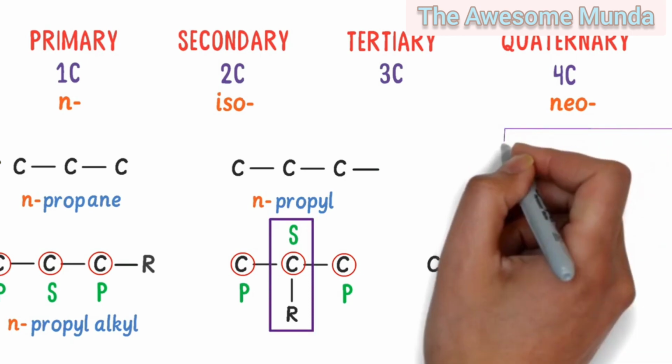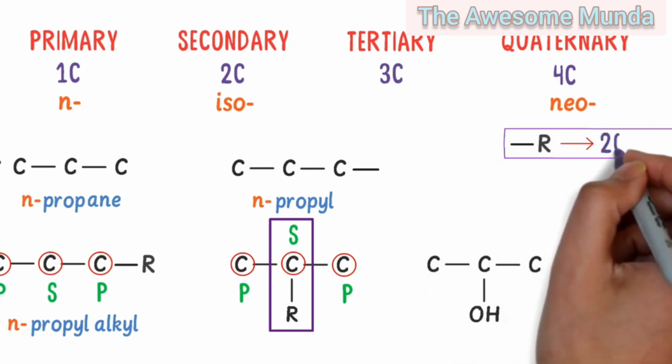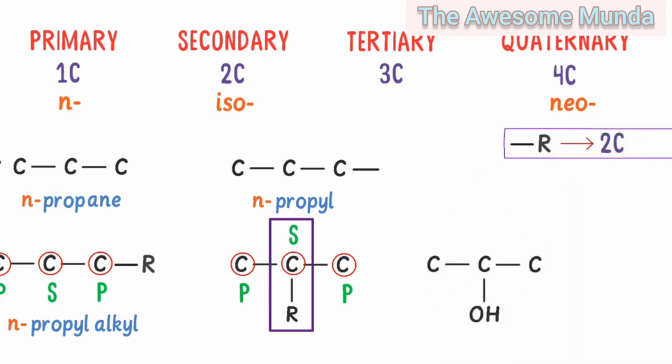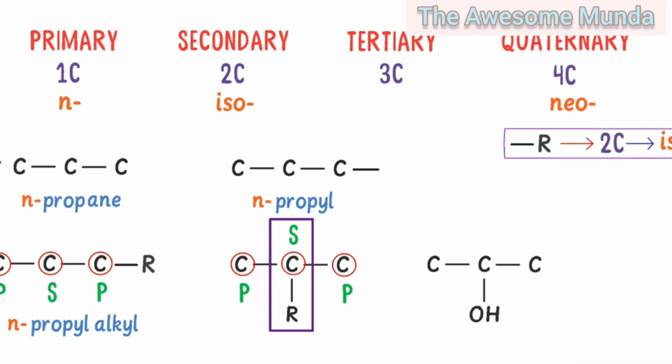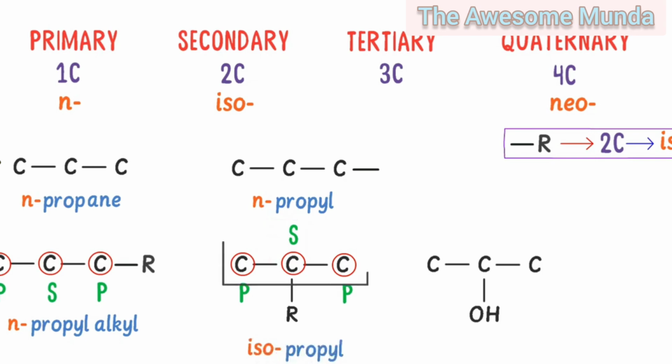Well, the rule is, when there is alkyl group or methyl present at second carbon or secondary carbon, always name it iso. Hence, this alkyl group R is present at second carbon or secondary carbon, so these three carbons are isopropyl. Remember that I only named these three carbons, not this alkyl group R.